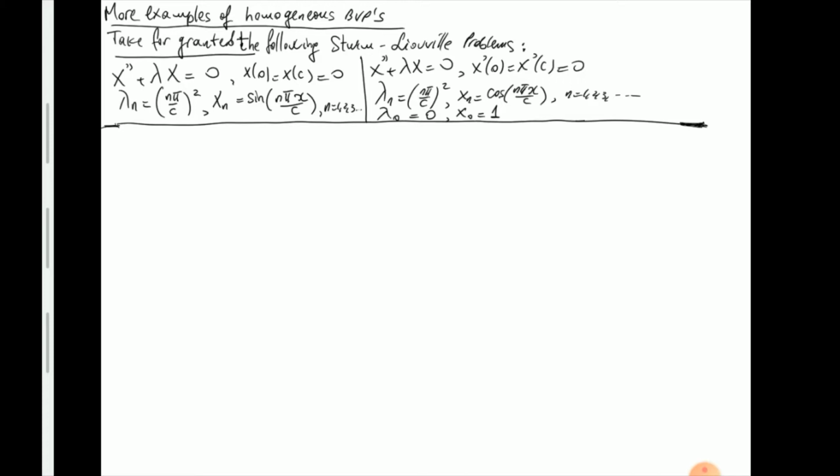In the interest of time, we're going to take for granted the results of these Sturm-Liouville problems that you see here, the one with Dirichlet conditions, and the one with Neumann conditions, X prime of 0, X prime of c equals 0. So once we conclude via separation of variables that one of these is the Sturm-Liouville problem that comes up, we just use its result directly.